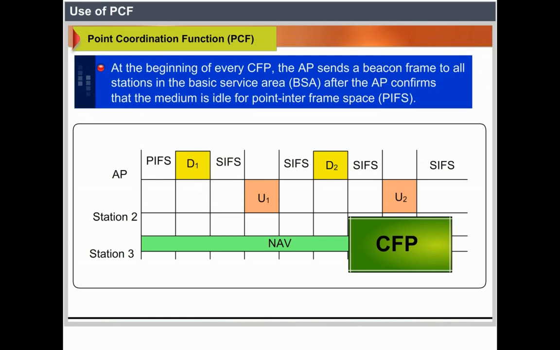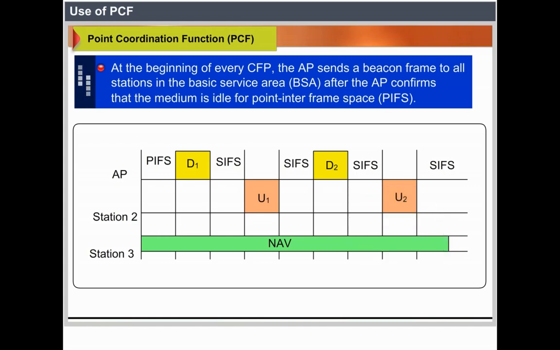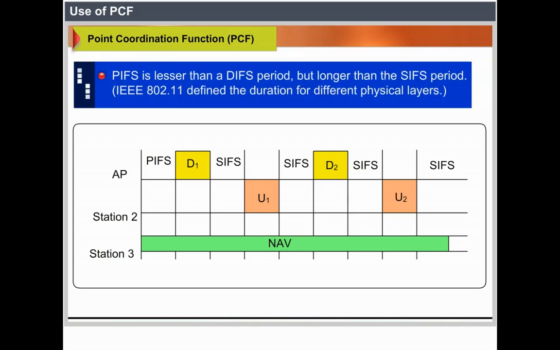At the beginning of every CFP, the AP sends a beacon frame to all stations in the basic service area, BSA, after the AP confirms that the medium is idle for the point interframe space, PIFS. PIFS is smaller than a DIFS period but longer than the SIFS period. IEEE 802.11 defined the duration for different physical layers.